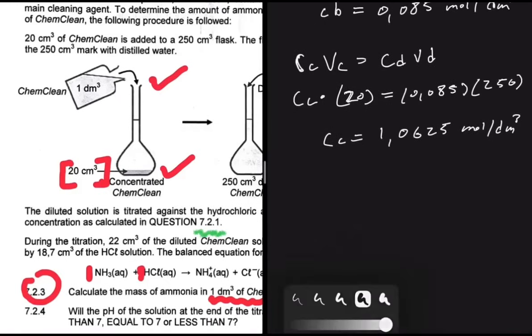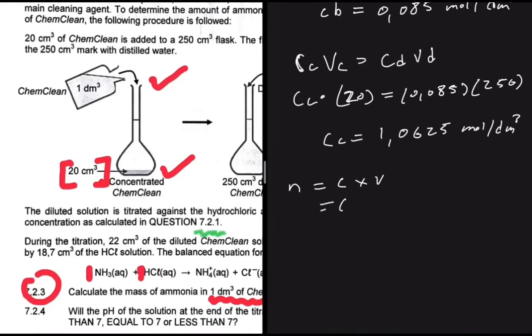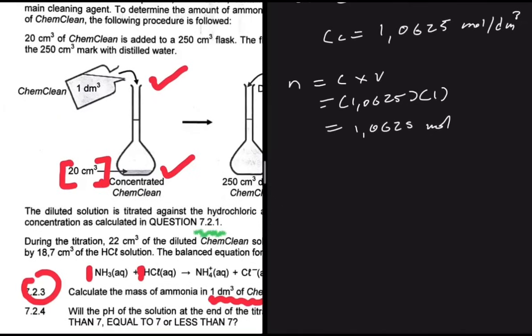So now we can say that the number of moles in 1 decimeter cube will be equal to concentration multiplied by volume. The concentration is 1.0625 and the volume is 1 decimeter cube. So the number of moles will be equal to 1.0625 moles, right? But then we're looking for the mass, and we know that the number of moles is equal to the mass divided by the molar mass.